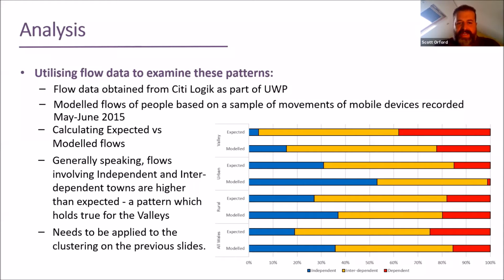And what we've shown is the proportion of trips between independent and independent towns is often more than we would expect. The proportion of trips between dependent towns is less, suggesting the importance of the independent and interdependent towns on each other.